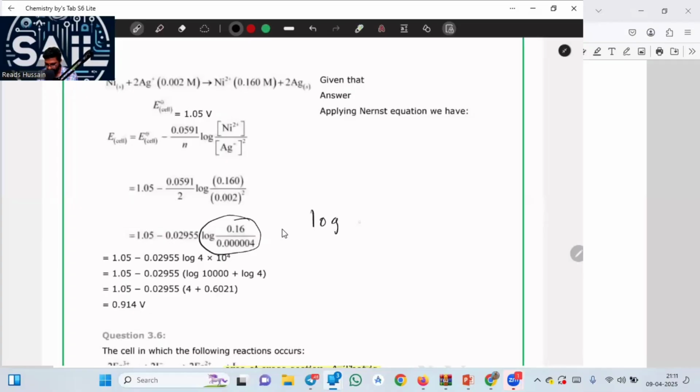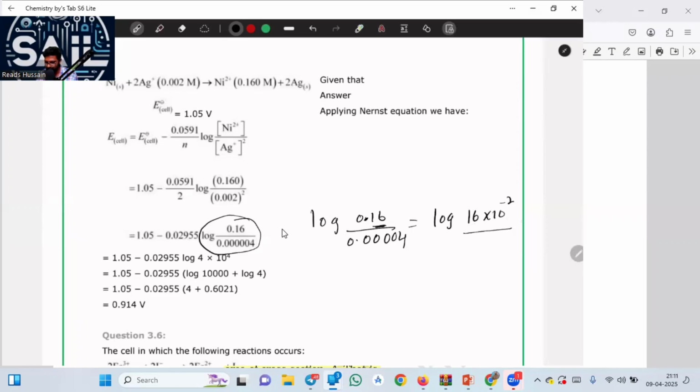Log 0.16 by 0.00004, and that is equal to log. I can write 16 into 10 power minus 2, because after the decimal point 2 digits are there.